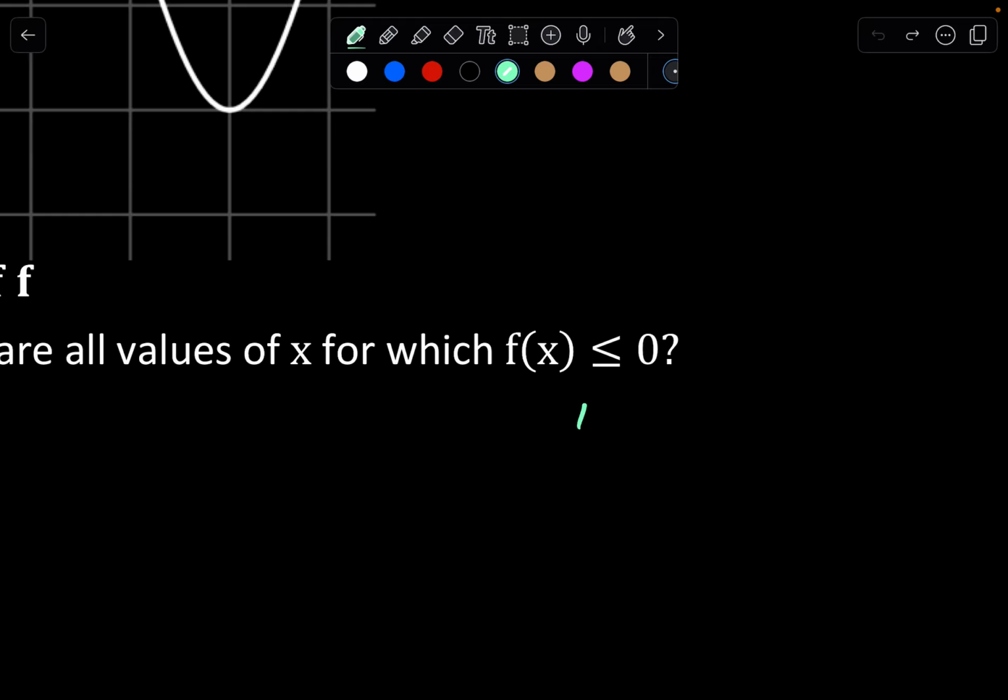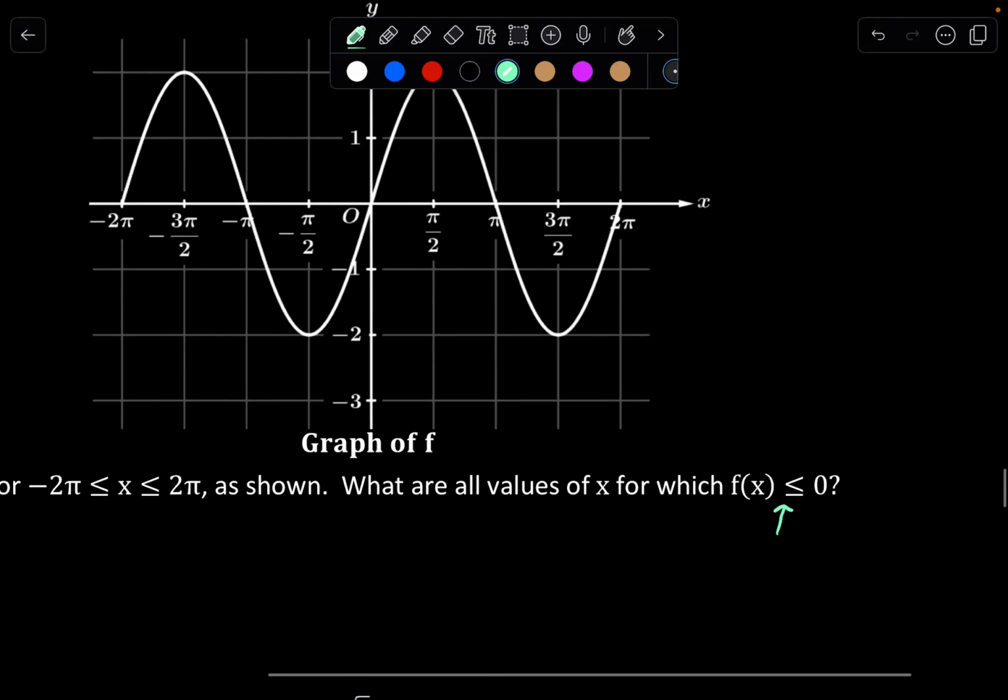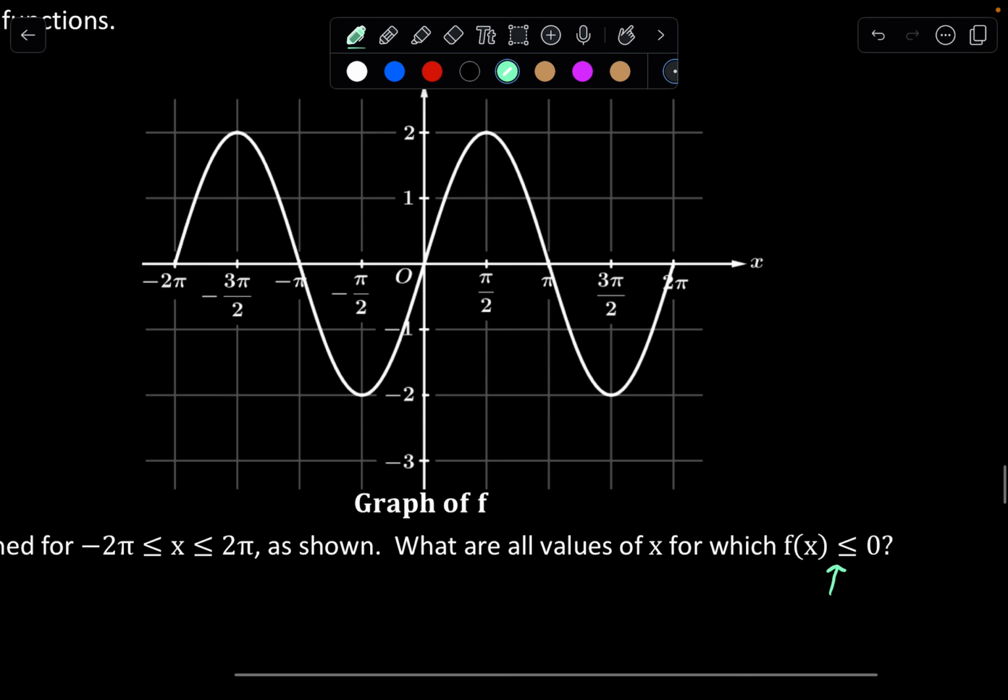So the most important part of this question is going to be, what is the inequality, and is it inclusive or non-inclusive? This particular inequality is inclusive, and we want to know when will this curve be less than or equal to 0. So if I start on the left side, I can see that this first part of the curve is going to be positive because it's above y equals 0.